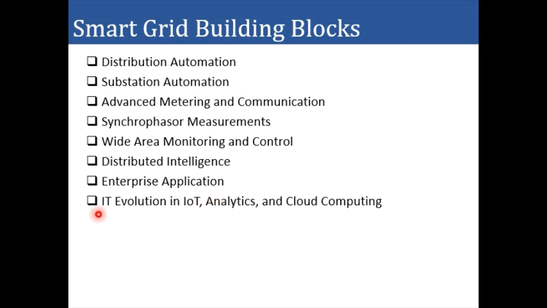The other important building block for smart grid is the latest IT evolutions like Internet of Things, data analytics, and cloud computing. These new innovations in the information technology space are helping to realize the concept of smart grid.